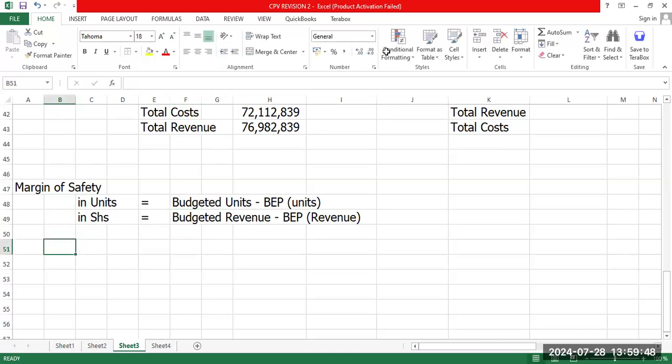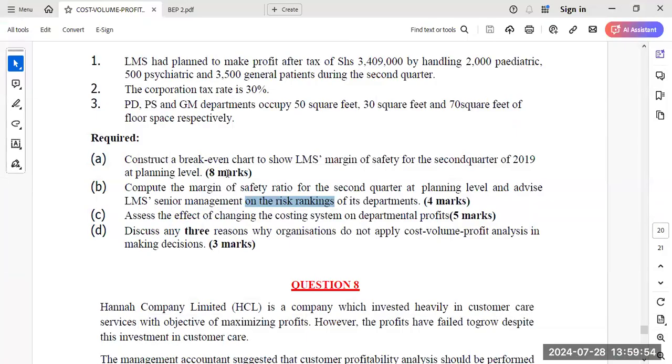But you need to analyze the question very well. They said you advise this company's senior management on the risk rankings of its department. So how are you going to do that?